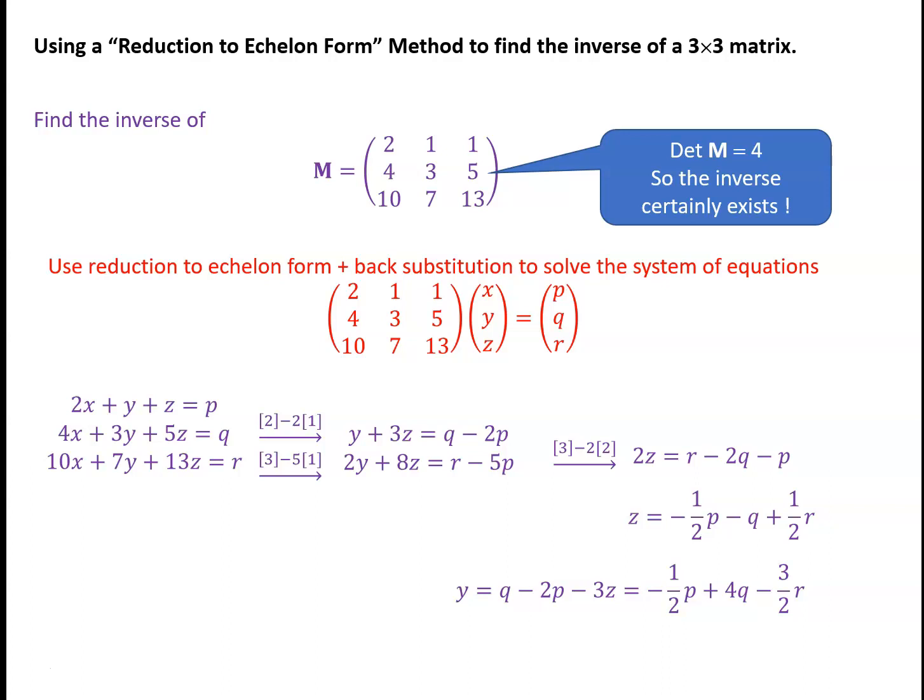And then, going back to the first equation, we've got x is a half p minus a half y minus a half z. And substituting in the known values of y and z and simplifying, we obtain x equals p minus 3 over 2 q plus a half r.